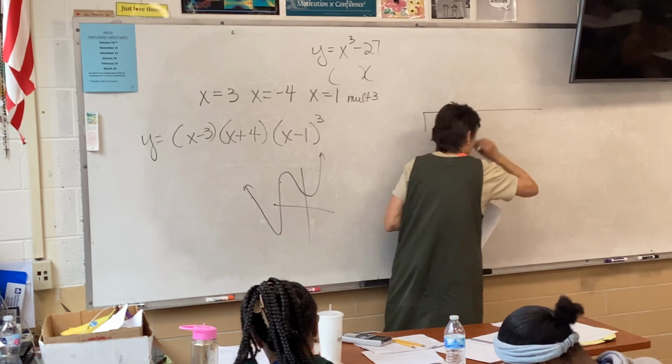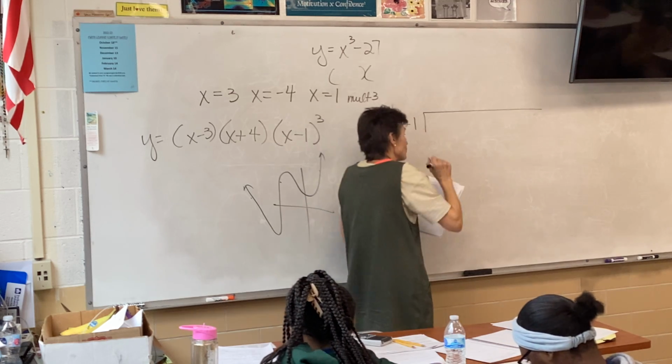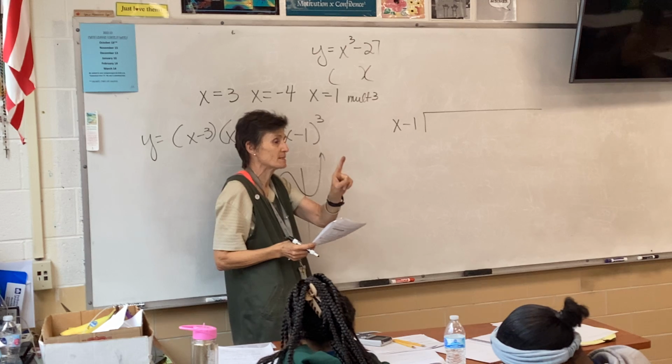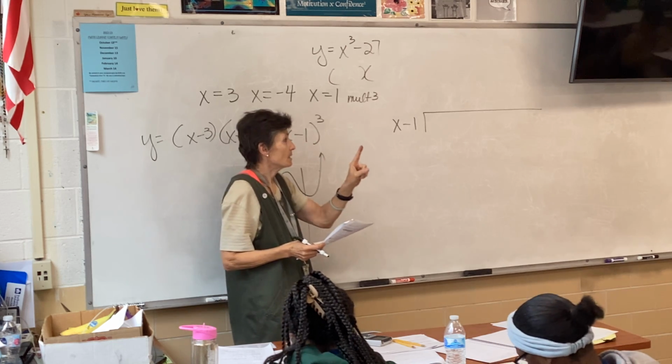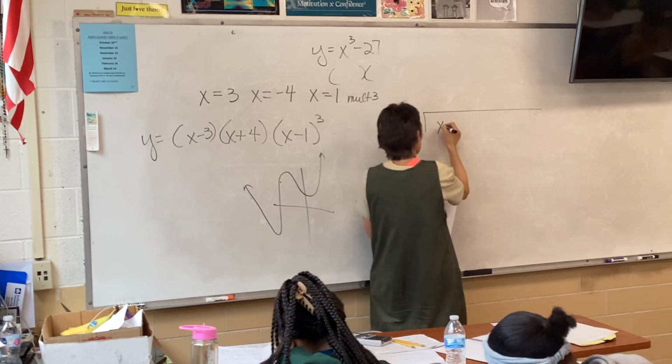There's your division sign. Out here, you're gonna put the thing you're dividing by. Hang with me, we're only gonna do this one problem, I promise. Stay with me. Here's the thing I'm dividing by, the divisor. Here's the dividend.